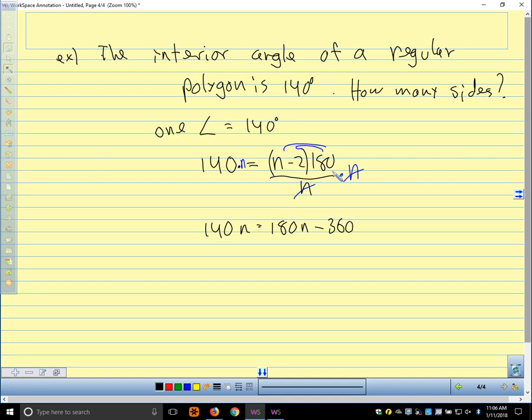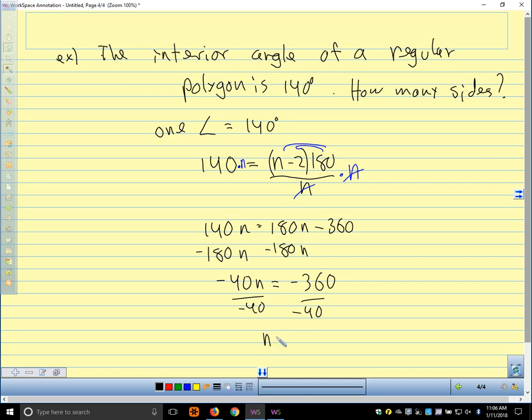I want to get all the n's together, so I'm going to subtract 180n, and here I need to be careful. 140n minus 180n is negative 40n equals negative 360. And now I can divide by negative 40.